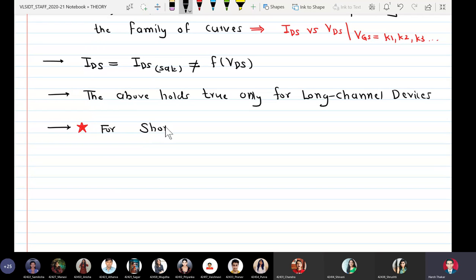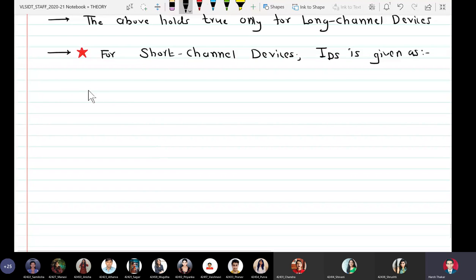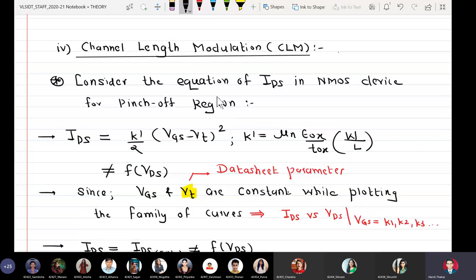For short channel devices, IDS is K dash upon 2 into VGS minus VT whole square into one more factor 1 plus lambda into VDS.